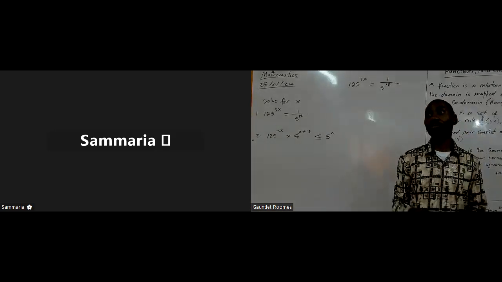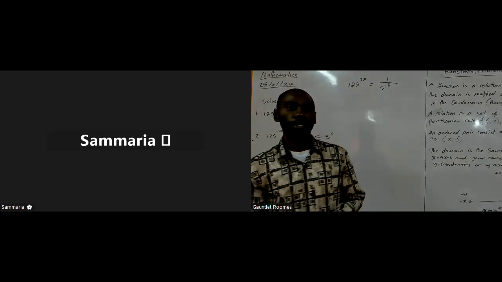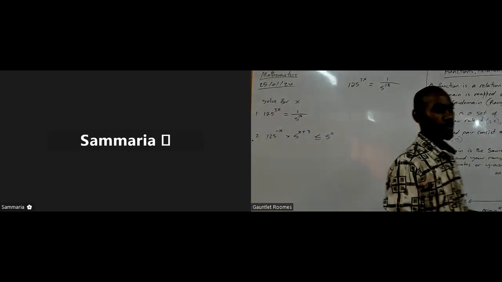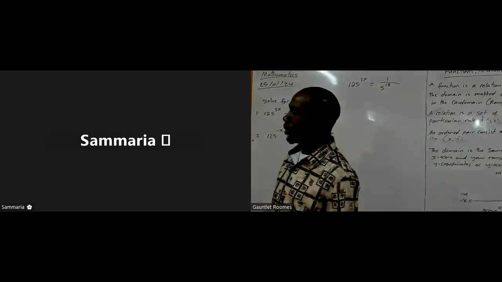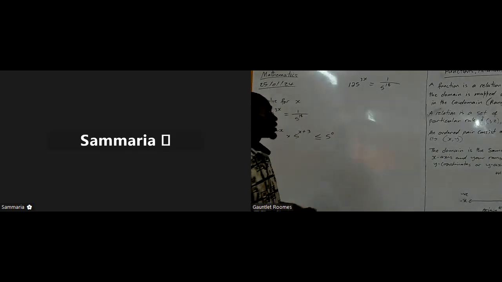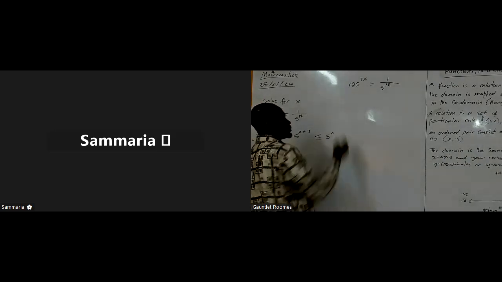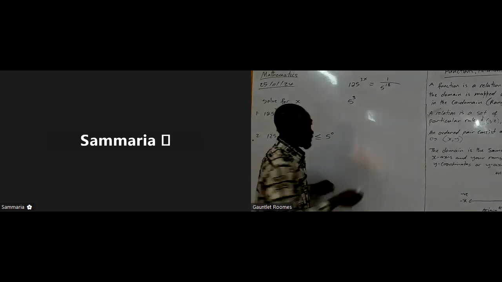bases to be the same. So we must get the bases to be the same. And after we get the bases to be the same, we must get an equal number of bases as well. So by now, we should know that 125 is the same thing as 5 to the power of 3.